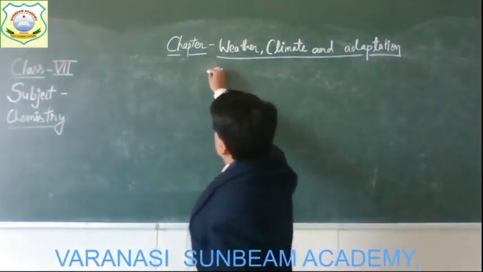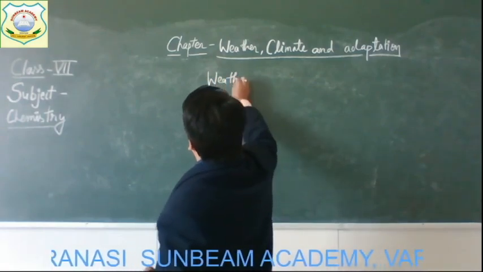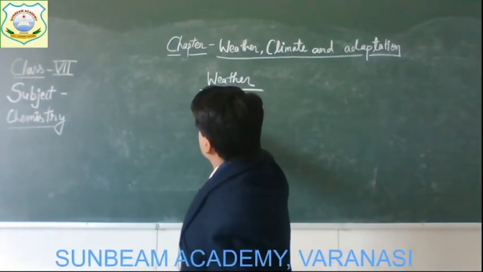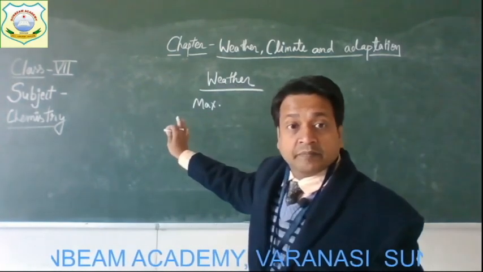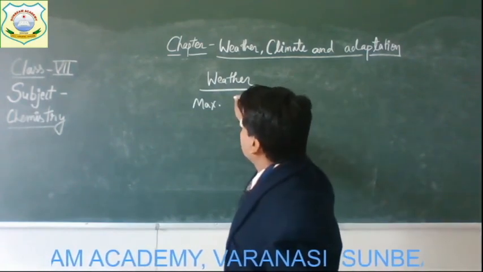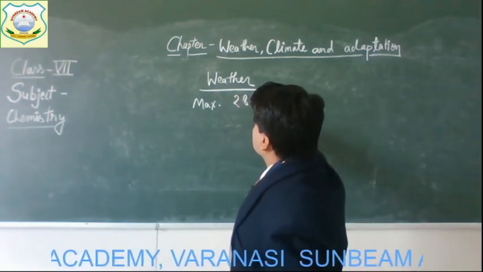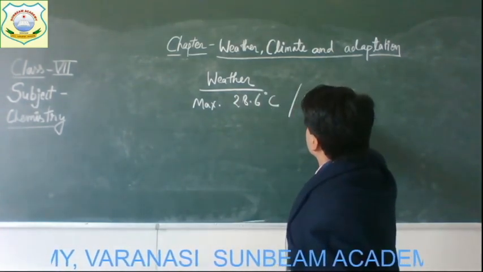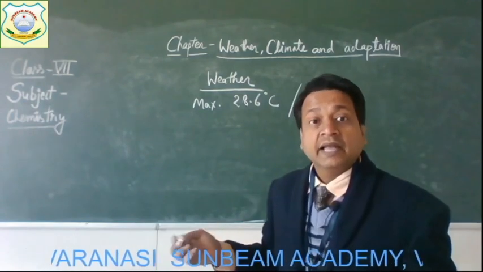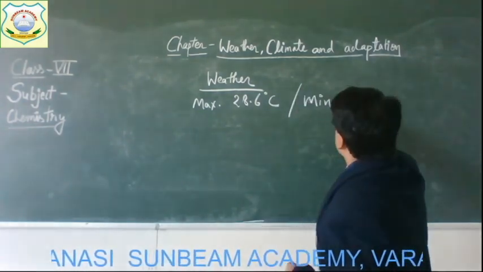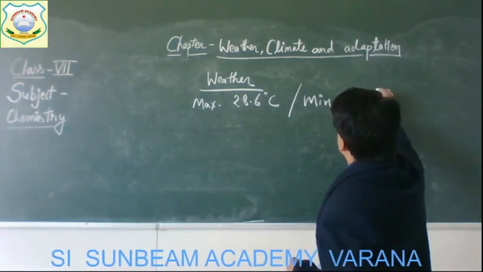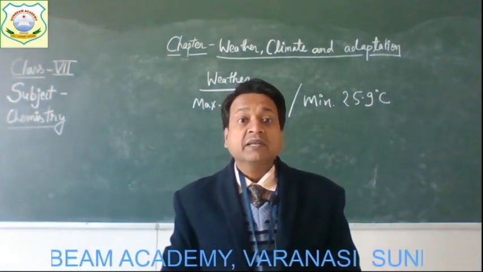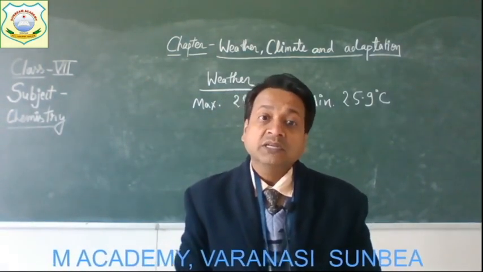It gives the maximum temperature, say 28.6 degrees Celsius, and the minimum, 25.9 degrees Celsius. Second, it gives information about moonrise and moonset.